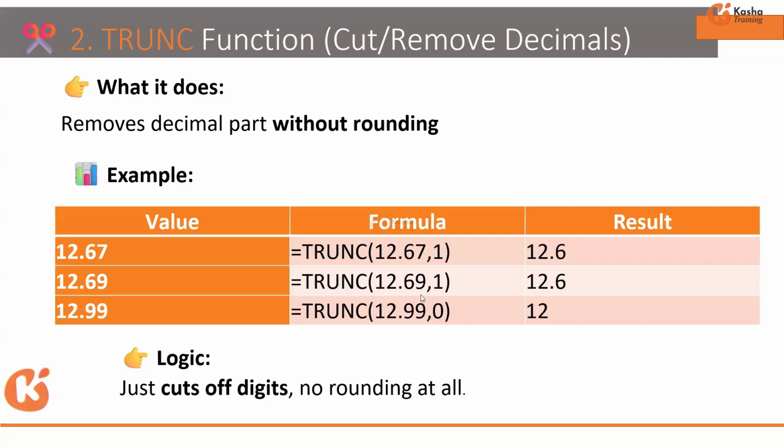Same thing here, if we want one decimal place, it has taken 12.6. Here we do not want any decimal places, so it has cut only to 12. So this is what trunc means. It doesn't round, it just cuts off the decimals.